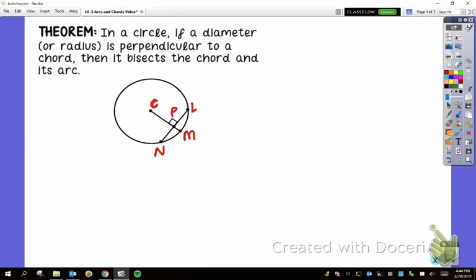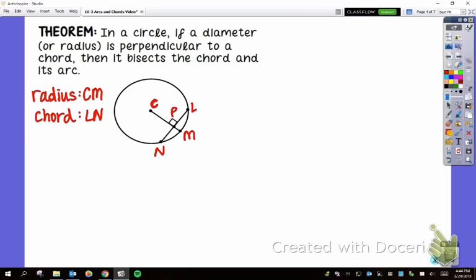So what we're looking at here is that if we have a radius or a diameter, now in this case we have a radius, and our radius would be segment CM. Okay, so we know we have a radius, and we're looking at, is it perpendicular to the chord? Now our chord on this picture has two endpoints on the circle, and that would be segment LN.